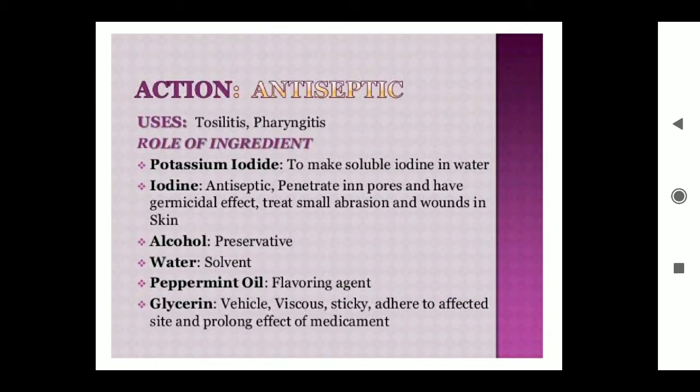Water is used as a solvent for dissolving the other ingredients. Peppermint oil is used as a flavoring agent. Glycerin is most commonly used as a vehicle, producing viscous nature. Due to viscosity, they are sticky and adhere to the affected site and produce a prolonged effect of the medicament on the desired site like the mouth and throat.